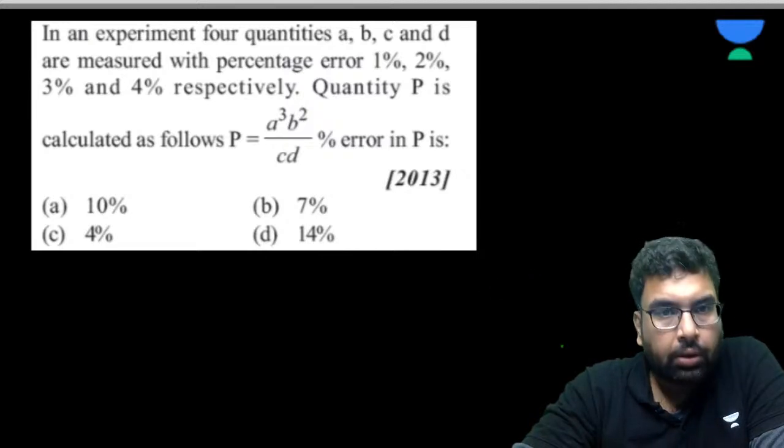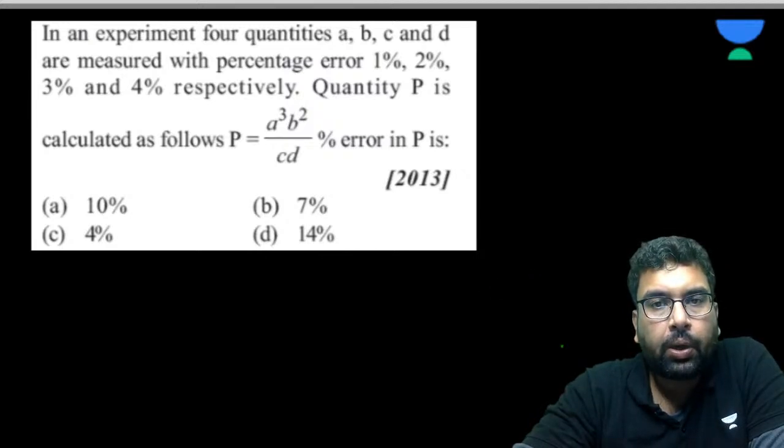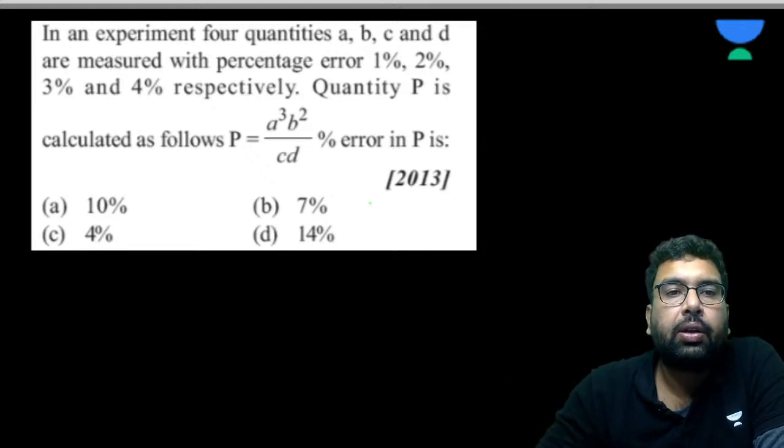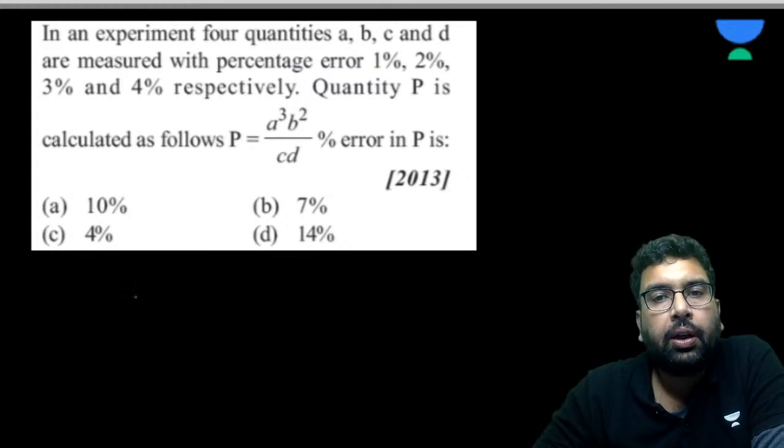Now it says, in an experiment, four quantities A, B, C, and D are measured with percentage errors 1%, 2%, 3%, and 4%.